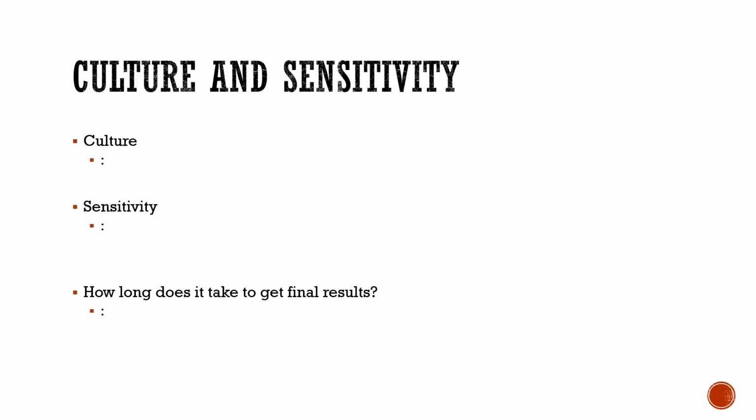Let's talk about the culture and sensitivity. I talked about that a little bit earlier with narrow and broad spectrum. A culture just identifies whatever the organism is. Whereas a sensitivity will tell us what medications are capable of controlling or defeating that organism.